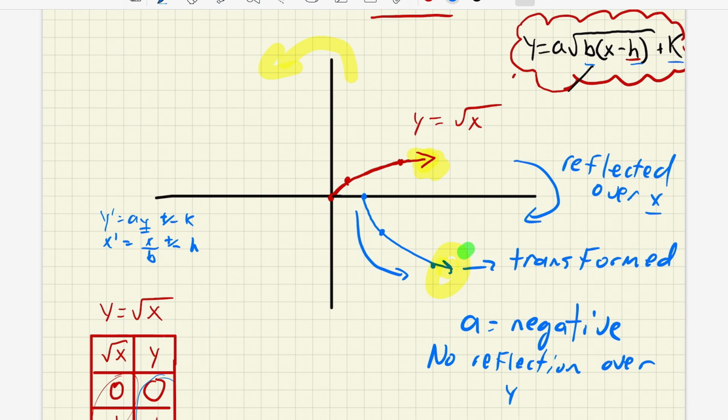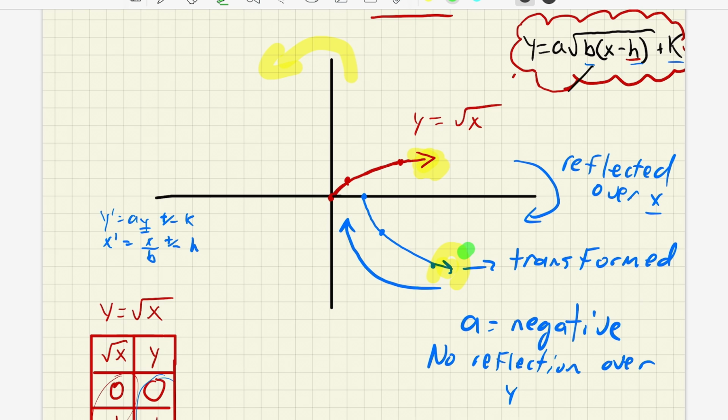So if I redraw it over here, for argument's sake, let's show what it would look like. If it was reflected over the y, then we could see that the arrow points, in fact, the other way. It would be pointing this way as opposed to the other way.